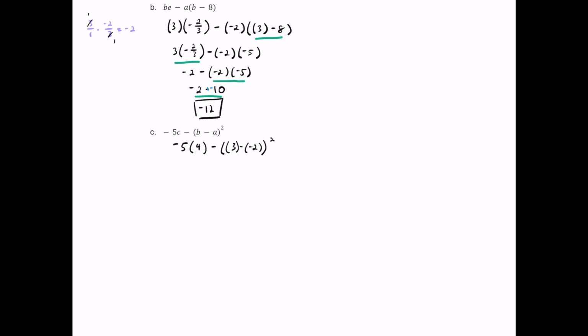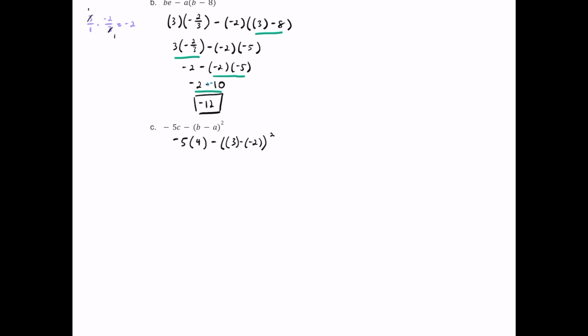Okay, so for this one here, I think we're going to go inside this parentheses first. So it's going to be negative 5 times 4, just copying this down, minus. And then 3 minus a negative 2, that just becomes 3 plus a normal 2. So 3 plus 2 is going to be 5. So it's going to be 5 squared. And then 5 squared, that's just 5 times 5, which is 25.